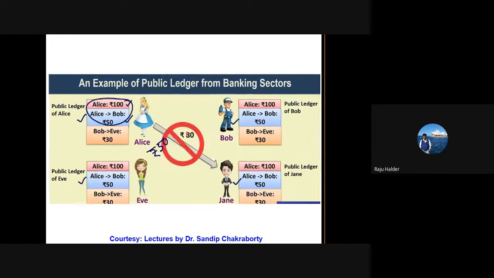As it's happening here, when we receive this transaction, we can check that Alice has only 50 rupees, or that Alice has already sent this money. So this transaction is not valid. This kind of validity checking can be done. But of course, this cannot be done manually. There should be some kind of automation, some software.